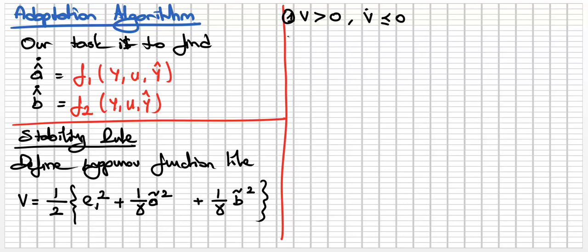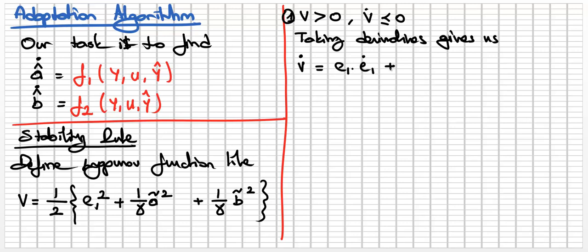And so taking derivatives gives us V dot is equal to e1 e1 dot plus 1 divided by gamma A error A error dot, plus 1 divided by gamma B error B error dot.